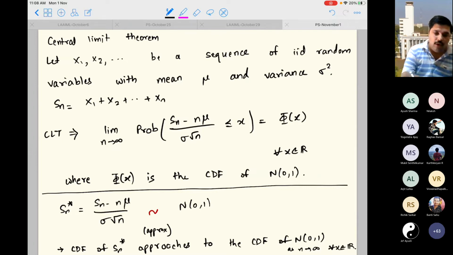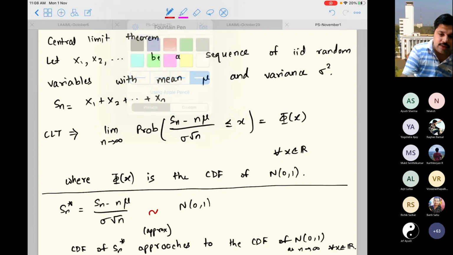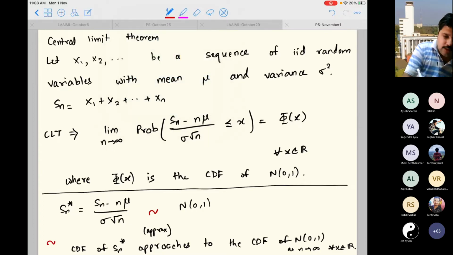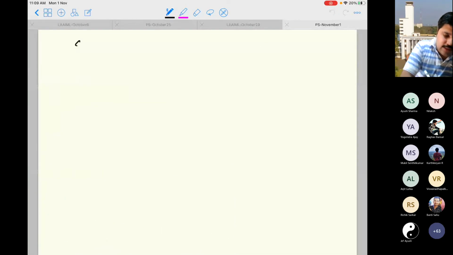Okay. So the meaning of this approximation is this. Okay. So this is what we are saying. This approximately, that's what I have written. The meaning of this particular approximately follows is this. Okay. And if you have this particular thing, then from here, what can you say about Sn? So what is the distribution of Sn?